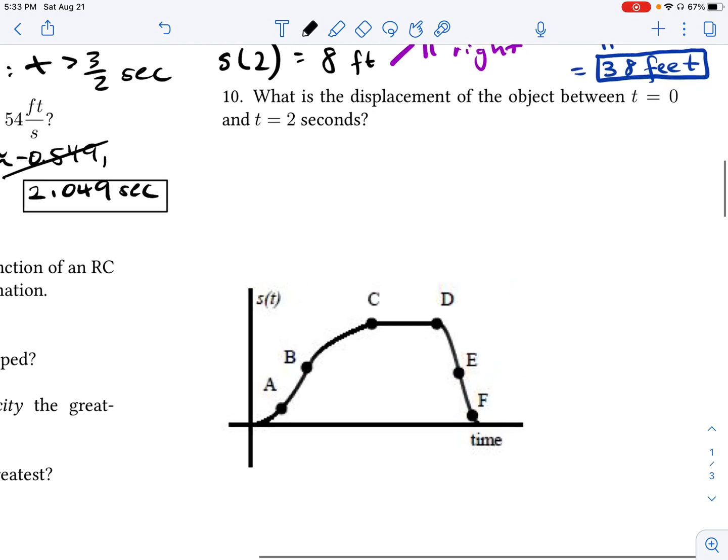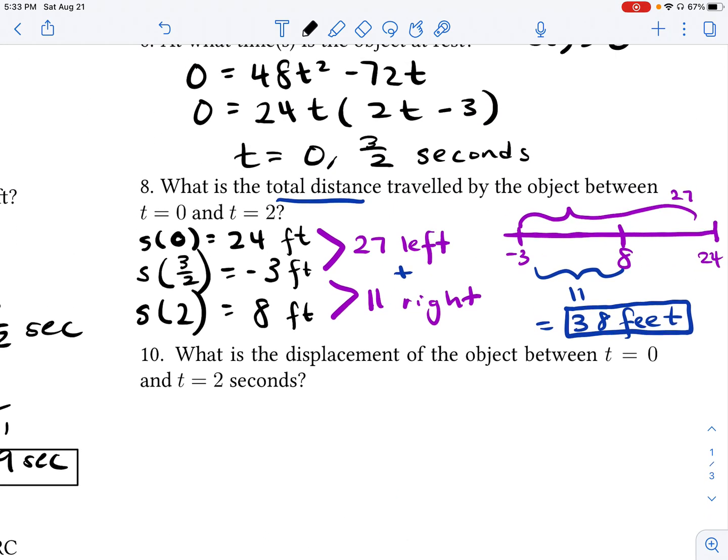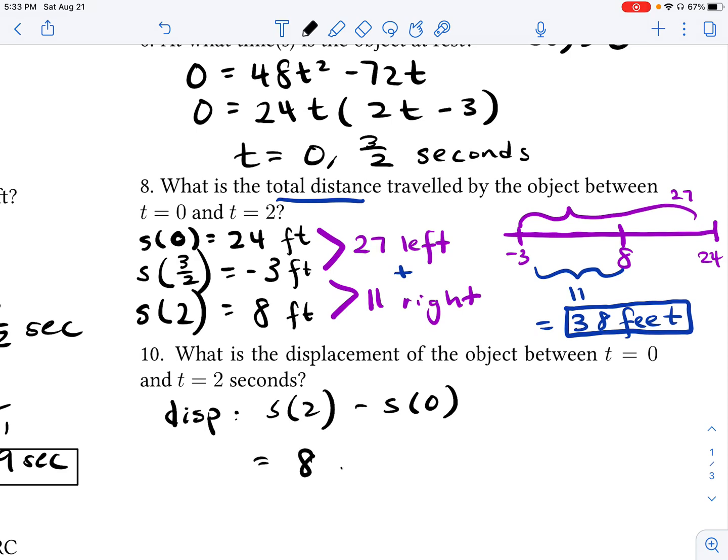Now finally, what is the displacement of the object between t equals 0 and t equals 2 seconds? Well, this displacement, again, is not the total distance traveled, but just the final position minus the initial position. So s of 2 was 8, and s of 0 is 24.